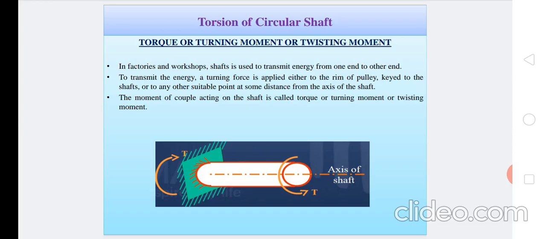The moment of the couple acting on the shaft is called torque, turning moment, or twisting moment. In this figure, there is an axis of the shaft and the orange curved arrow line shows the torque.